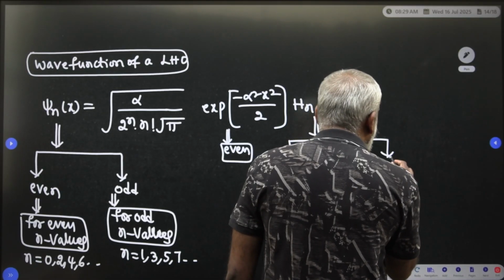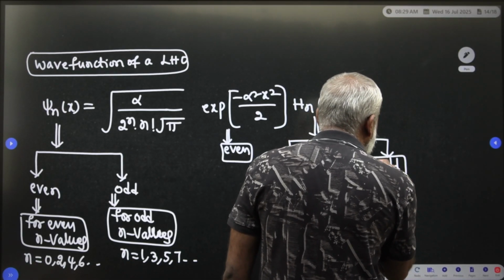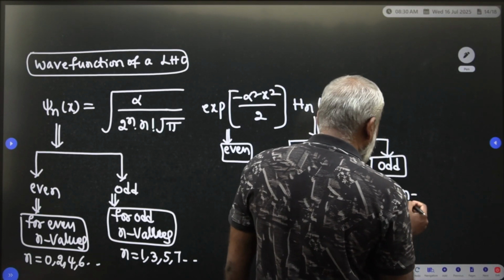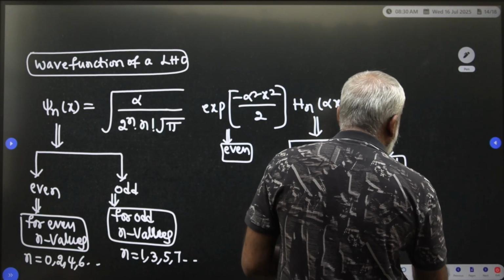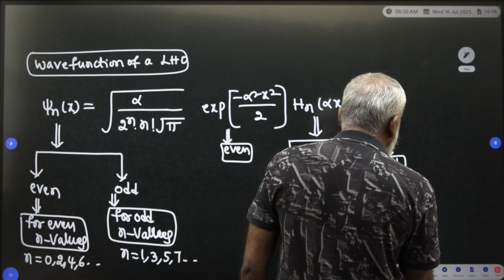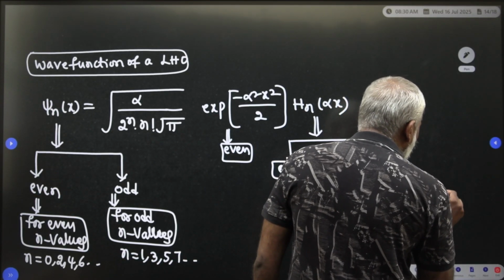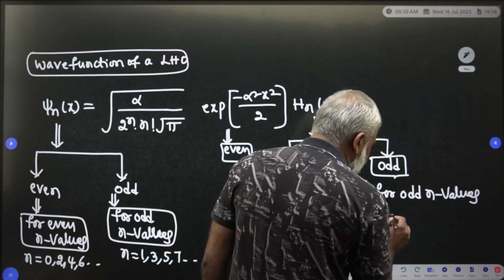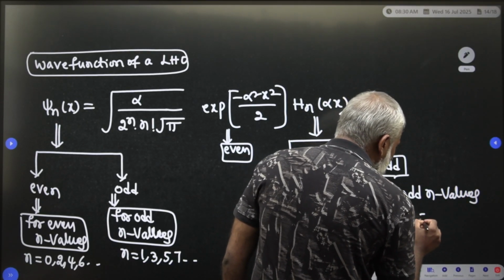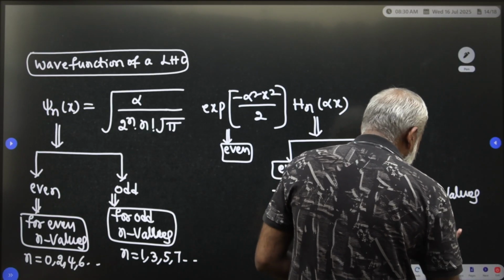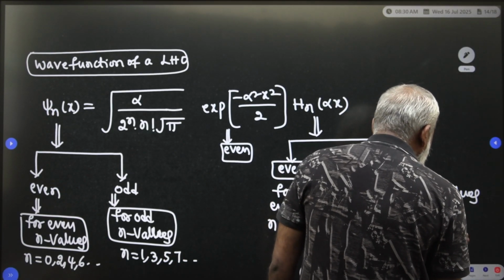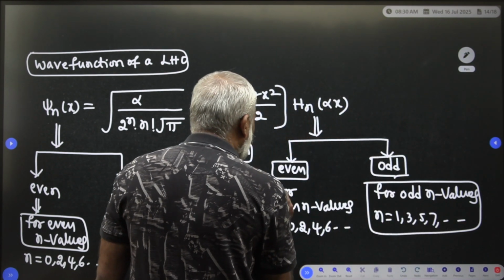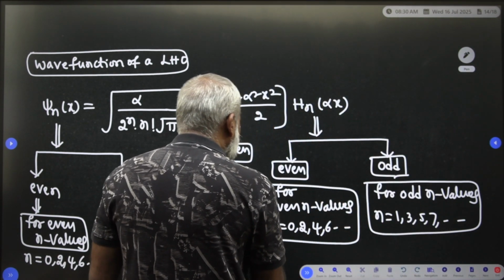If n is odd, it is going to be odd. For odd n values, n is equal to 1, 3, 5, 7 and so on, you get an odd function.